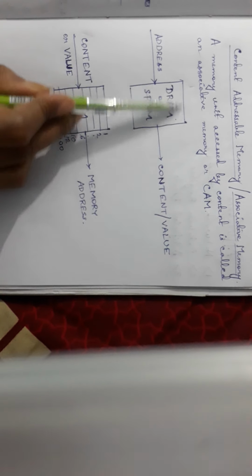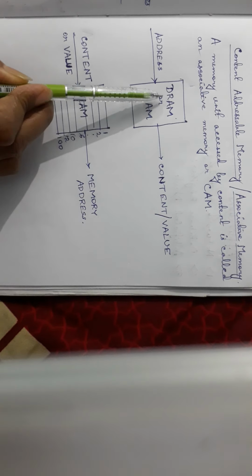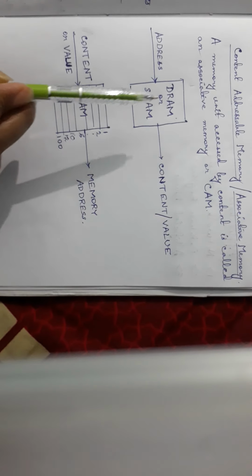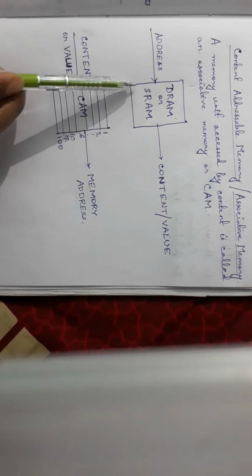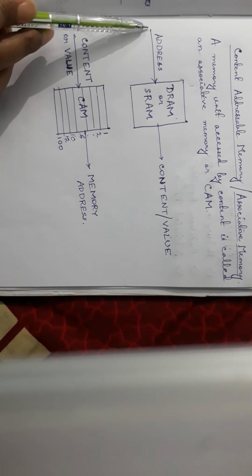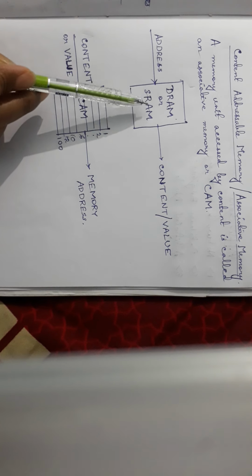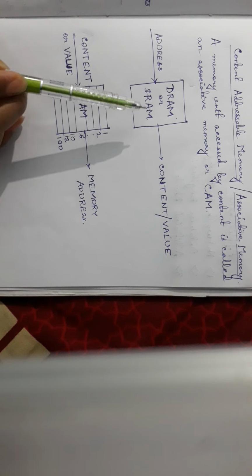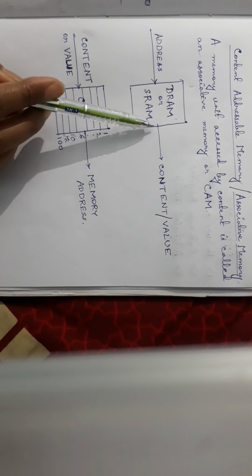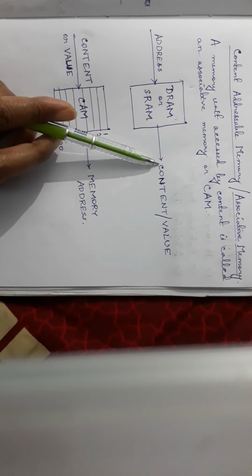So if this is a block diagram of RAM, it can be DRAM, that means dynamic RAM, or SRAM, static RAM. For any kind of RAM, first the CPU sends the address, then the data or content stored in that particular address is retrieved from the RAM.